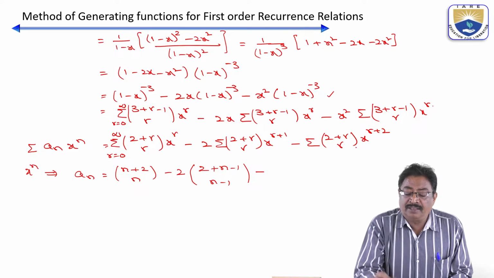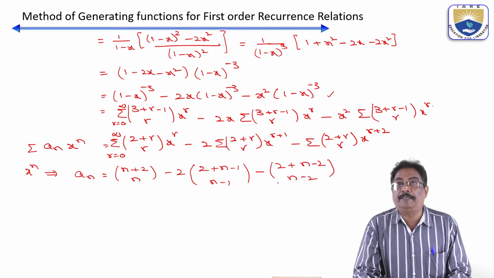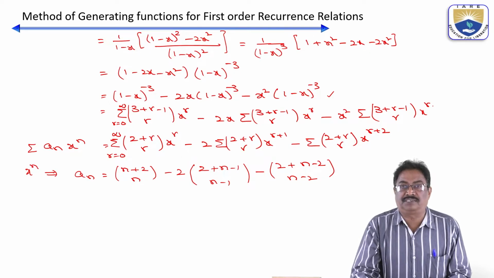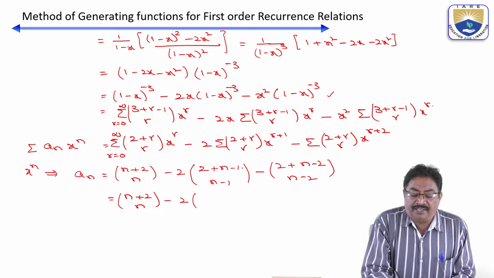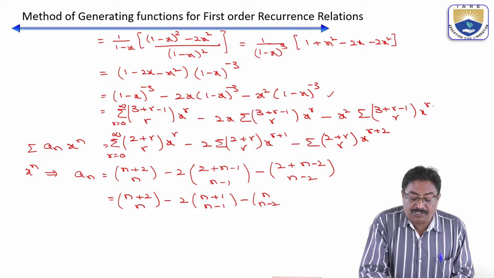Then here n minus 2 we are going to take as r plus 2, so r is n minus 2. Just considering the x to the power of n coefficient. So this is n plus 2 C n, then minus n plus 1 C n minus 1, minus n C n minus 2.